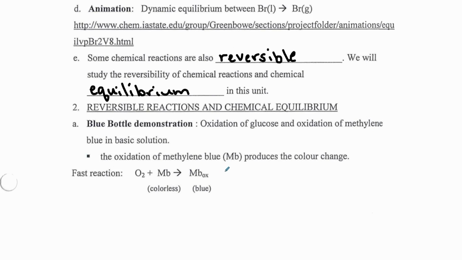And when they shake the bottle, that allows oxygen to dissolve into the solution. And when the oxygen enters the solution, that oxidizes the whole thing and it causes the methylene blue to change to the blue color. So methylene blue is colorless when there's no oxygen present or in the reduced state, and it's blue in the oxidized state.